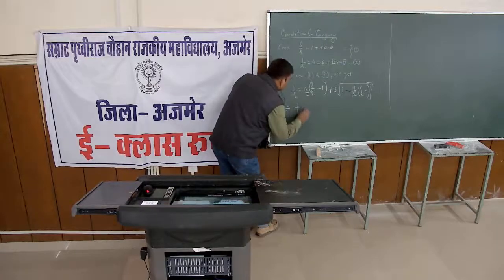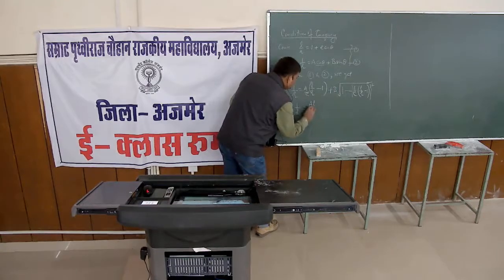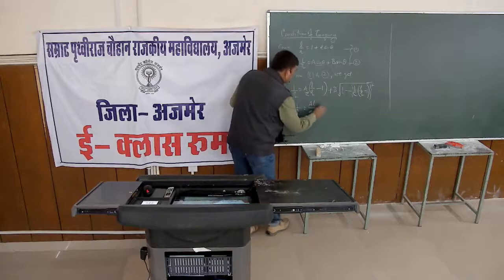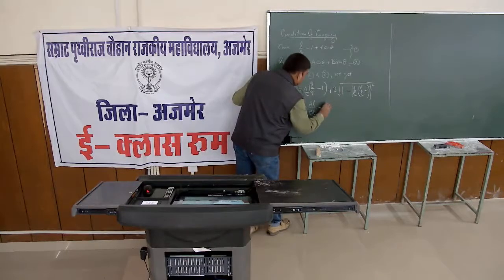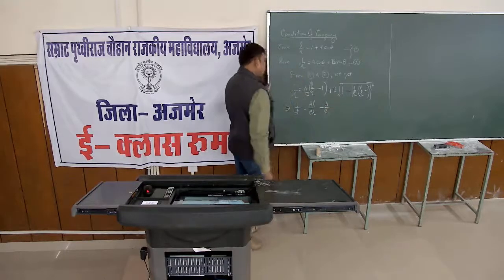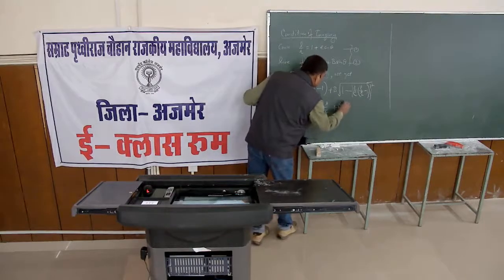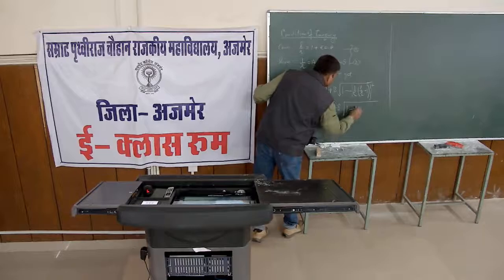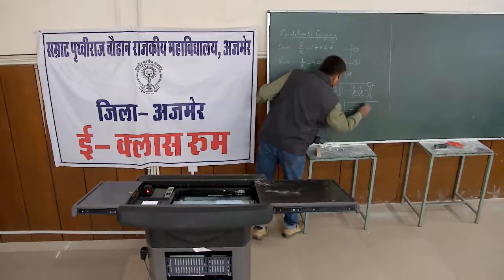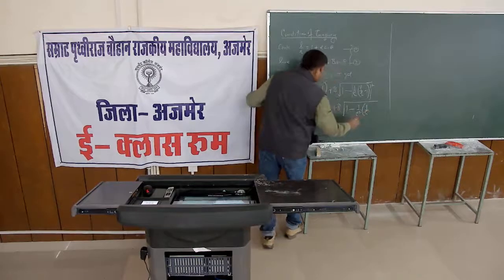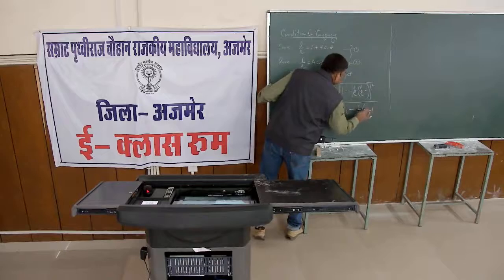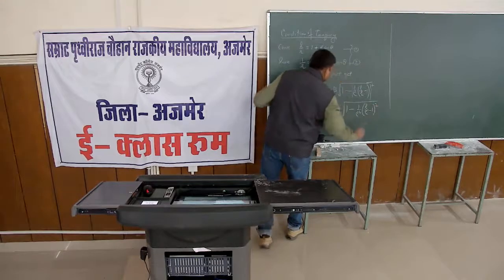One upon r equals A(L/r minus 1)/e plus B times root of 1 minus 1 upon e square (L by r minus 1) whole square.